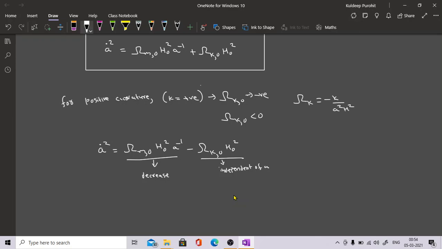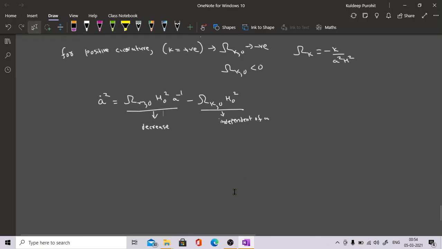So you will get a dot equal to 0. Since a dot equal to 0, it corresponds to a maximum. We call it a local maximum.